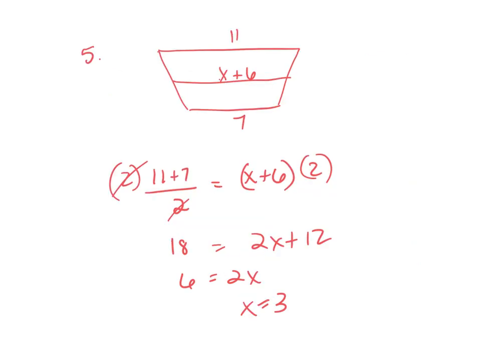So here we set up 11 plus 7 divided by 2 equals x plus 6, and then you multiply both sides by 2, and you leave the x alone. If they want the value of x, you're done. If they want the value of ML, let's say, then you have to plug it in, and ML would equal 9, but in this case, they just want the value of x.